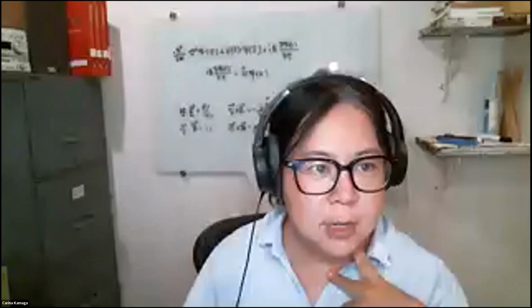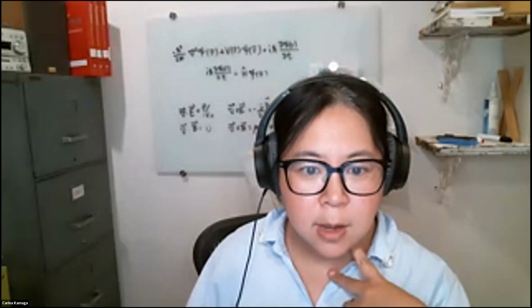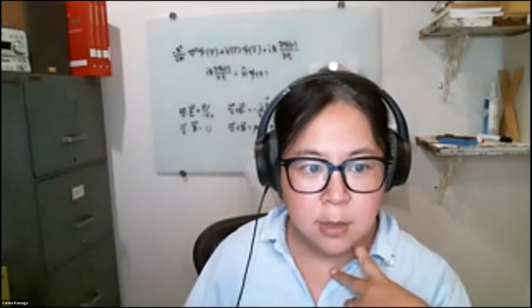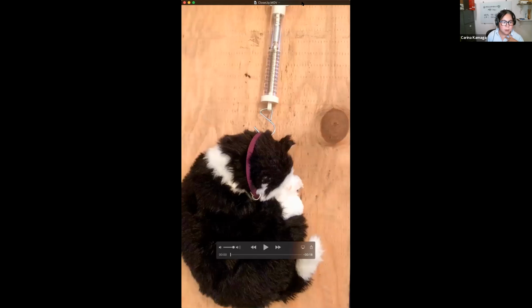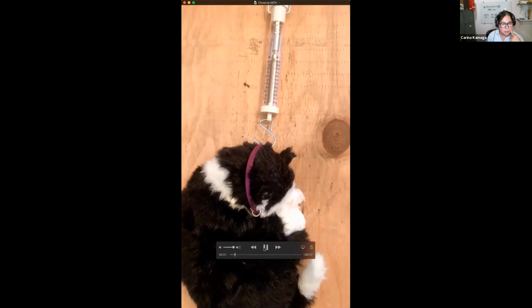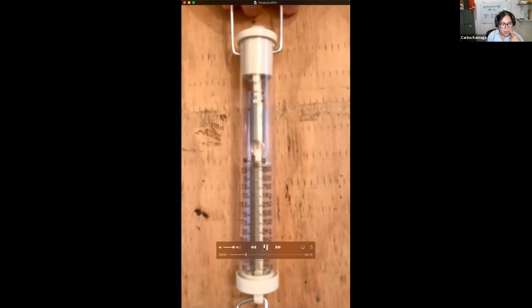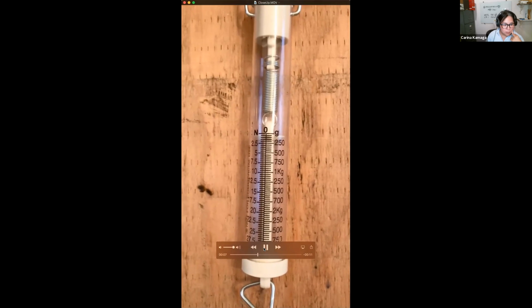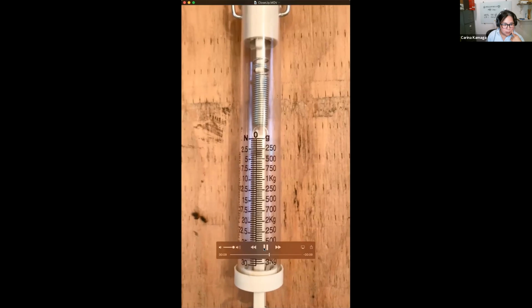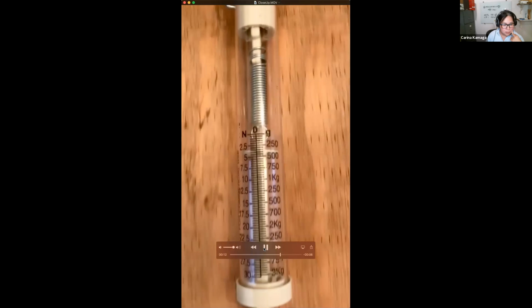I did my best to take the video, but here is another close-up, and you can see how much force is being exerted after it starts sliding. About 5 Newton, it starts sliding.